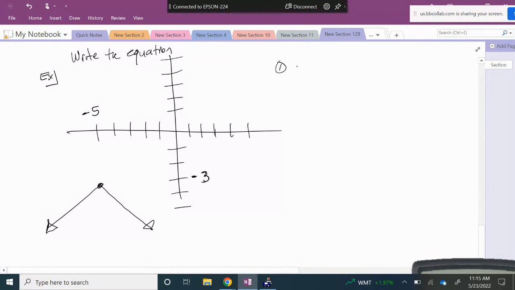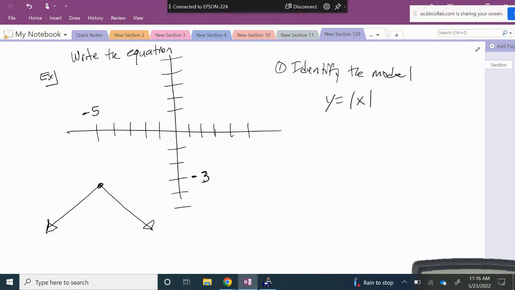The first thing we want to do is identify the model. Right, so based on the models that we looked at earlier, this is a V-shaped graph. So since this is a V-shaped graph, we're going to identify this as the absolute value. Right, so the first thing I'm going to do is just identify it as an absolute value, V-shaped graph, and the model form is y is equal to the absolute value of x.